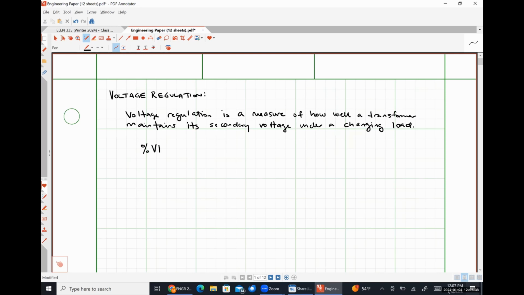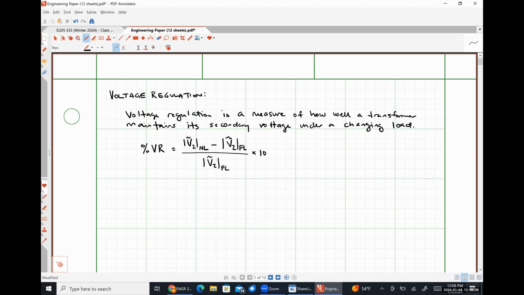Okay. So mathematically, our voltage regulation is defined as follows. The percent voltage regulation is equal to the magnitude of our voltage under no load conditions minus the magnitude of our secondary voltage under full load conditions, divided by the magnitude of our secondary voltage under full load conditions.